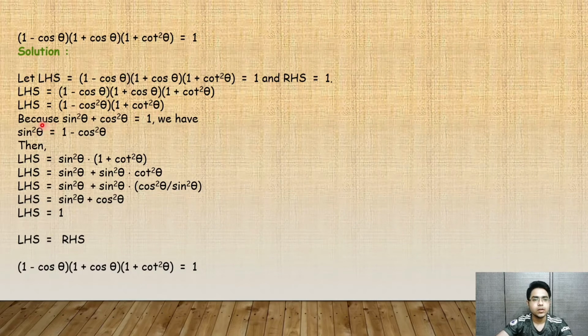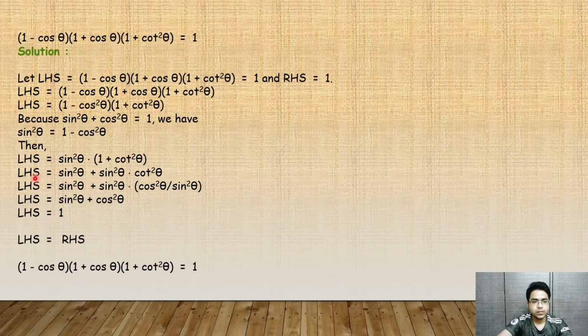From trigonometric identity number 1, sine square theta plus cos square theta is equal to 1, so we will be getting sine square theta equal to 1 minus cos square theta. Substituting this value, LHS is equal to sine square theta into (1 plus cot square theta).